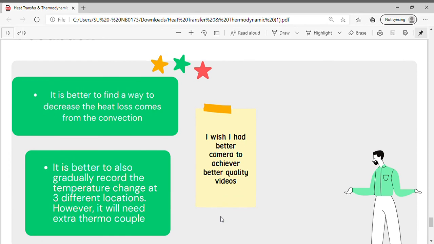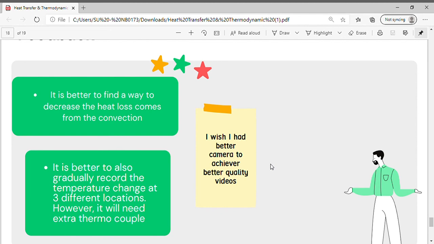For feedback on this experiment, because there's a high heat loss from convection, it is better to find a way to at least decrease it, or if possible, eliminate it.